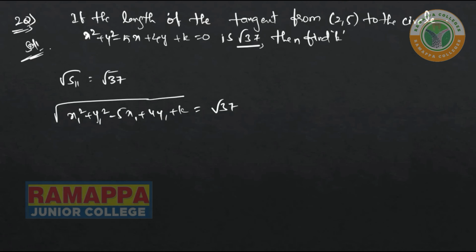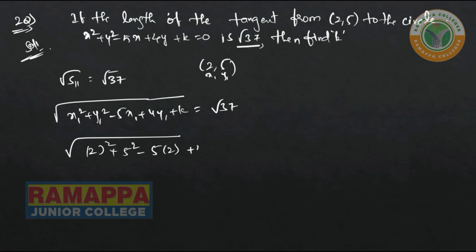We substitute the values given, (x1, y1) = (2, 5). So the square root of 2 squared plus 5 squared minus 5 into 2 plus 4 into 5 plus k is equal to root 37.